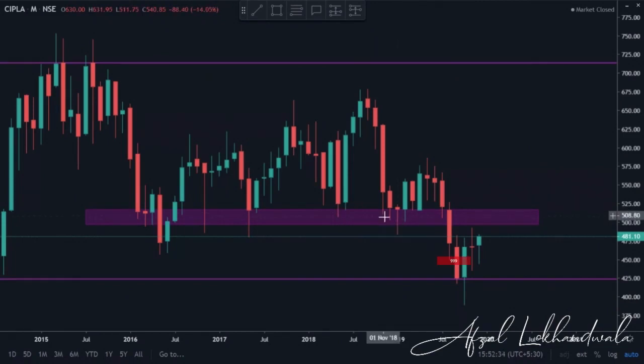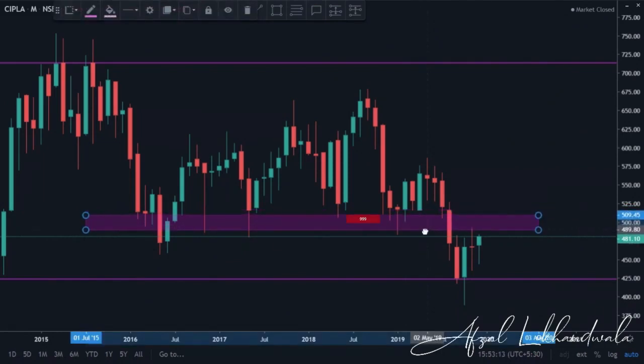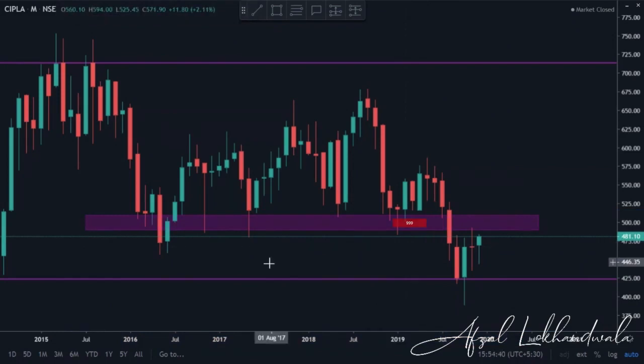This area of support shows us 4 rejections. So this area of support is of good significance to us as of now. We can lower this area a little bit to cover the wicks. Seems nice.